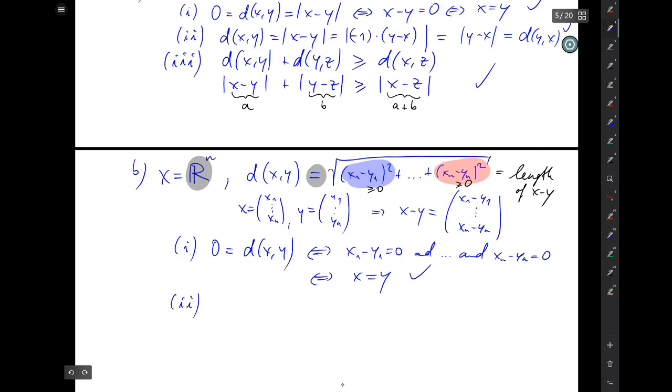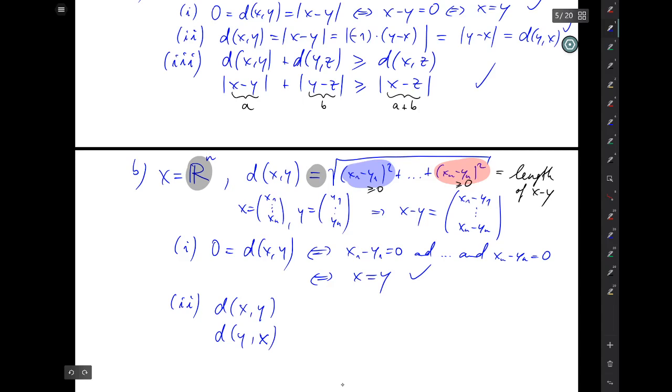Checking property 2 is also not difficult. So you just look at d of x comma y, and this would be like we saw before. What is different if you look at d of y comma x?